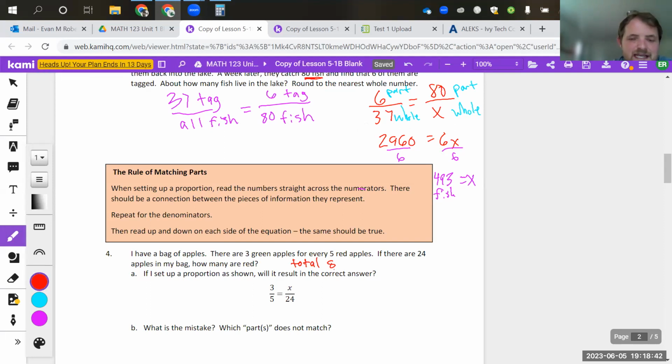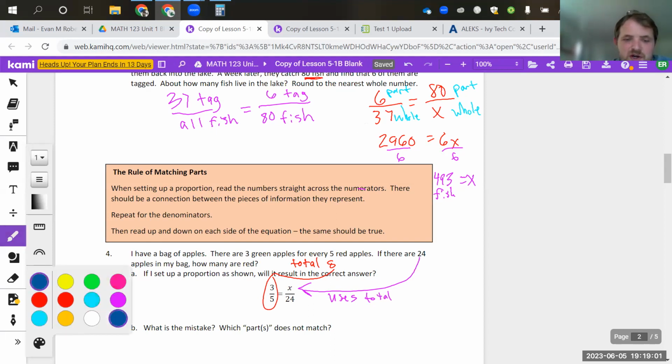But they didn't use 8 in this fraction right there. But then for the other one, it uses the total. But the red does not use the total. So will this result in a correct answer? The answer is no. Both did not use the total.